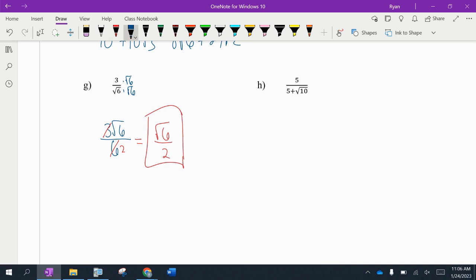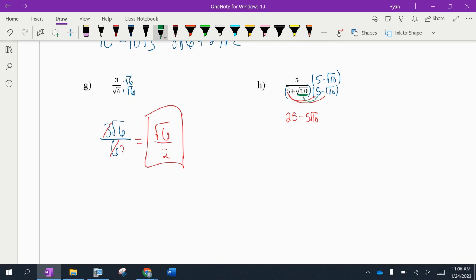Last one, the last one has this denominator, which is a binomial, so parentheses are necessary. We're multiplying by the conjugate, 5 minus square root of 10. I'll do the denominator first. 5 times 5 is 25. 5 times negative root 10 is negative 5 root 10.